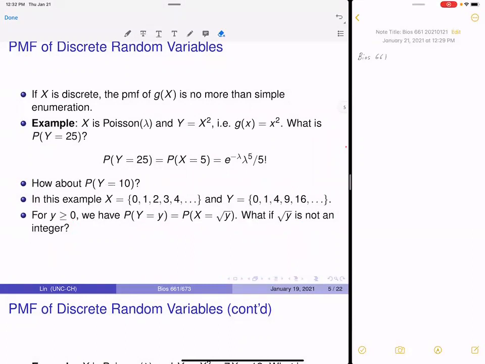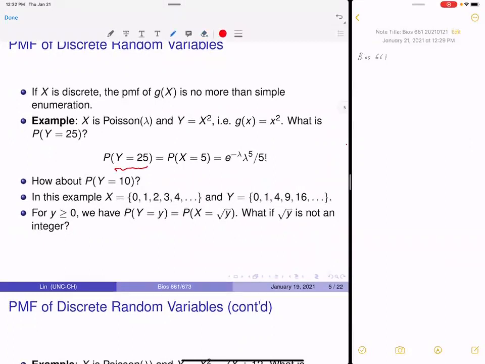My new random variable is Y equals X squared. Then what is the distribution of Y? Say, what is Y equals 25?